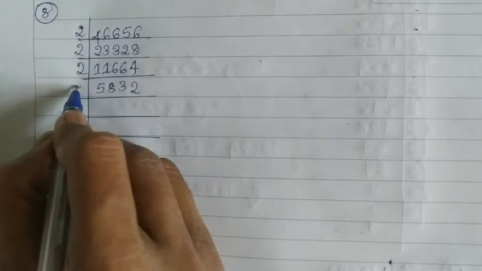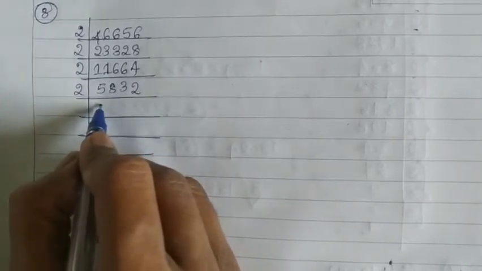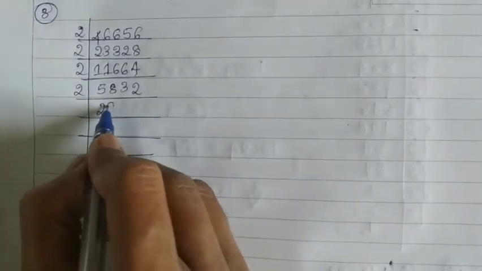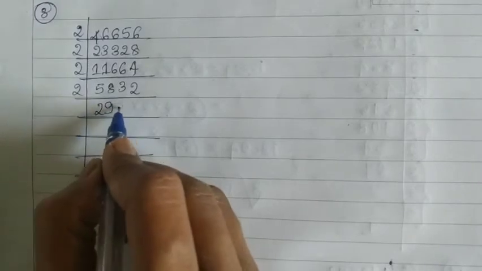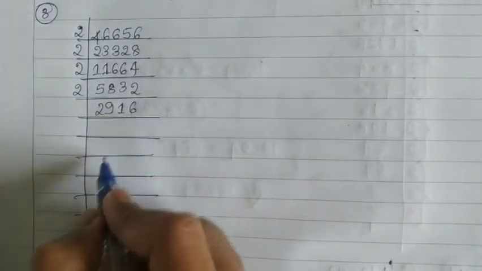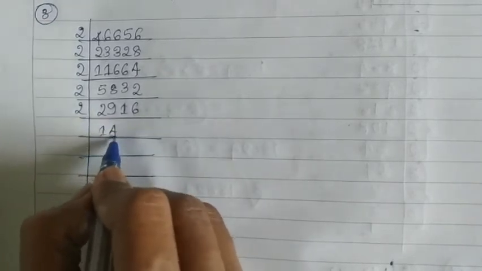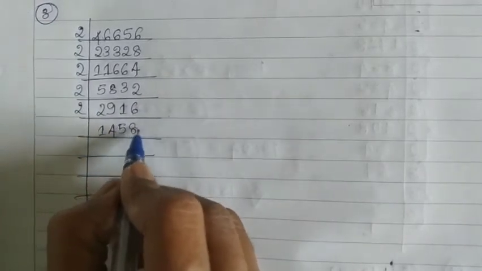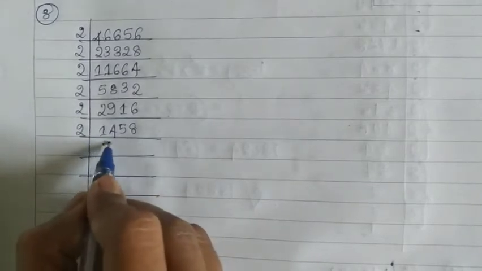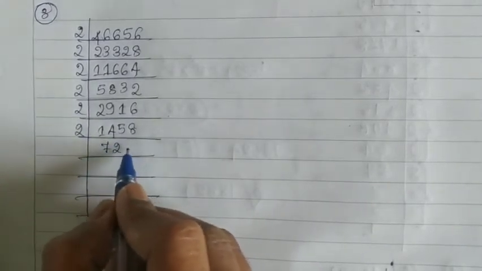From 2, 2 5s are 10, 2 8s are 16, 2 3s are 6, 2 2s are 4. From 2, 2 2s are 4, 2 9s are 18. Now 2 1s are 2, 2 6s are 12. Yes, from 2, 2 1s are 2, 2 4s are 8, 2 5s are 10, 2 8s are 16. From 2, 2 7s are 14, 2 2s are 4, 2 9s are 18. See children, the number ended with 9.